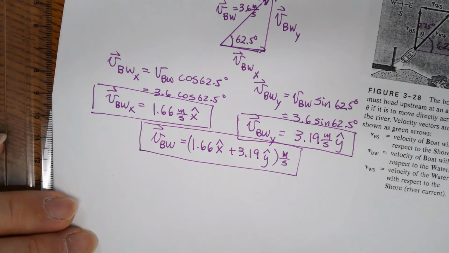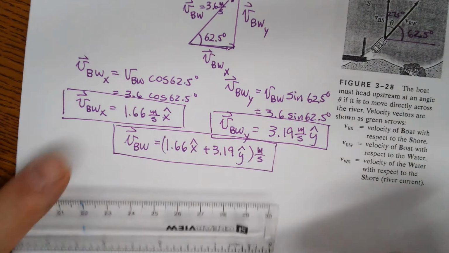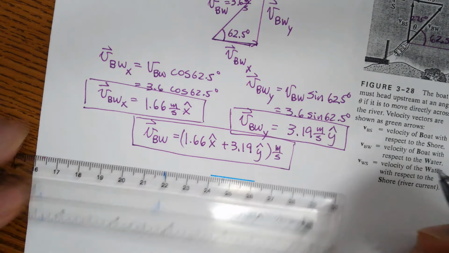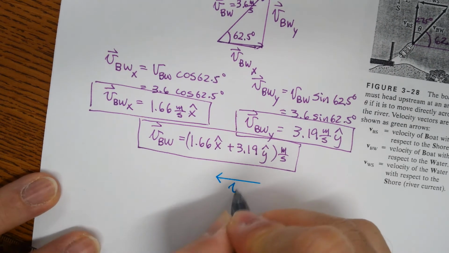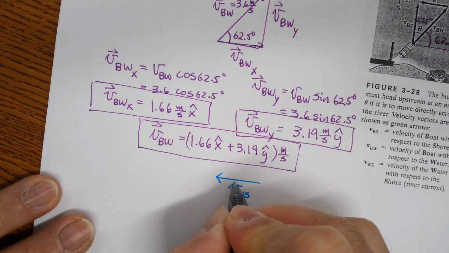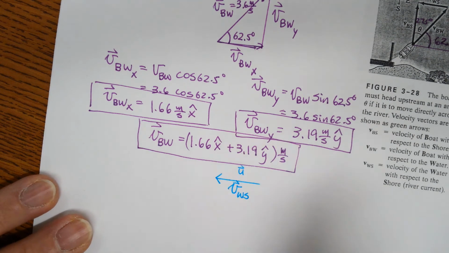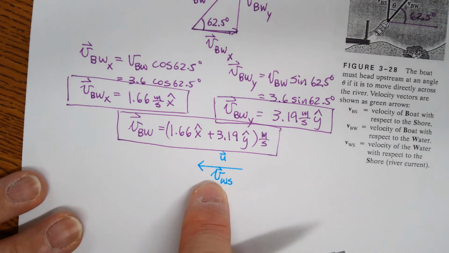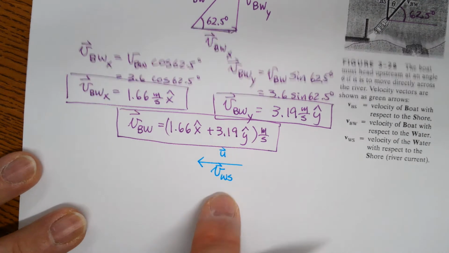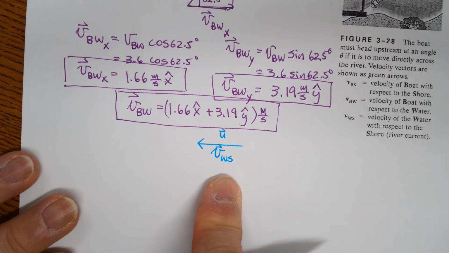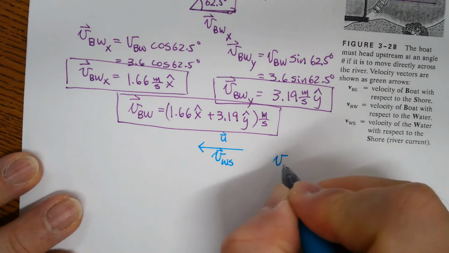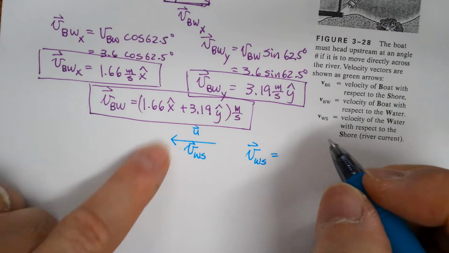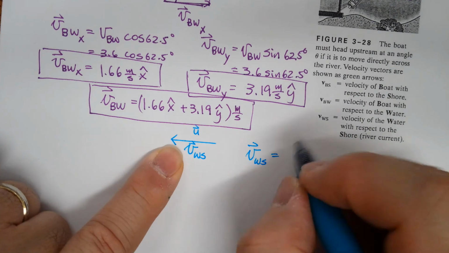Now, let's take a look at the water. VWS, or simply the U. This is V prime, by the way. This is U. We don't know the value. So I can simply say my VWS is equal to, I know this is x direction only.